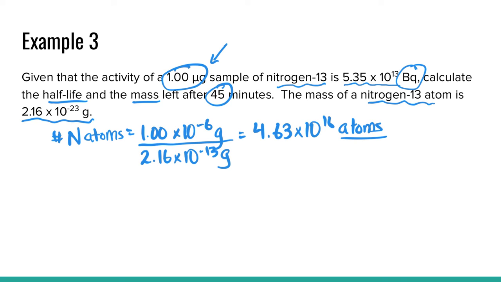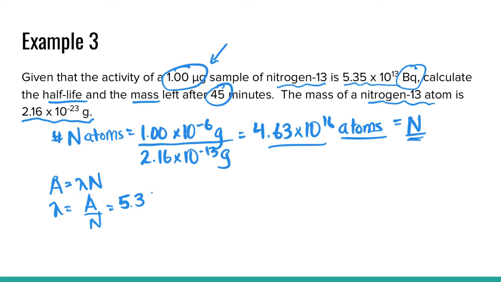So now we can use our activity equation, A is lambda N, because this now is our N value, not to be confused with nitrogen. It's just a bit of a coincidence there. So from here, we can find our lambda by taking A over N, and we're given the activity in the question.